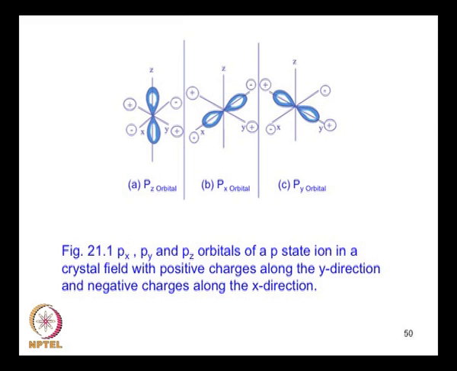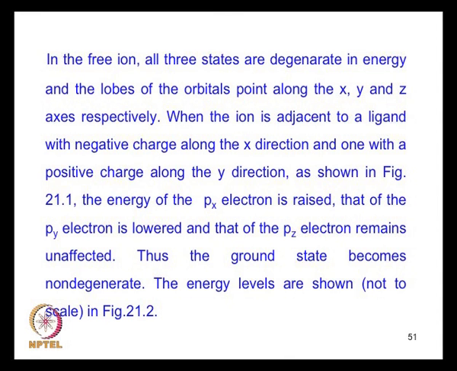So, the lobes of these orbitals are directed along the x, y and z axis. These are shown in the figure. Now, you see also in this figure charges or the ligands being shown. These ligands surround this ion, and some of them are positive and some of them are negative. So, in the free ion, all these 3 are degenerate.